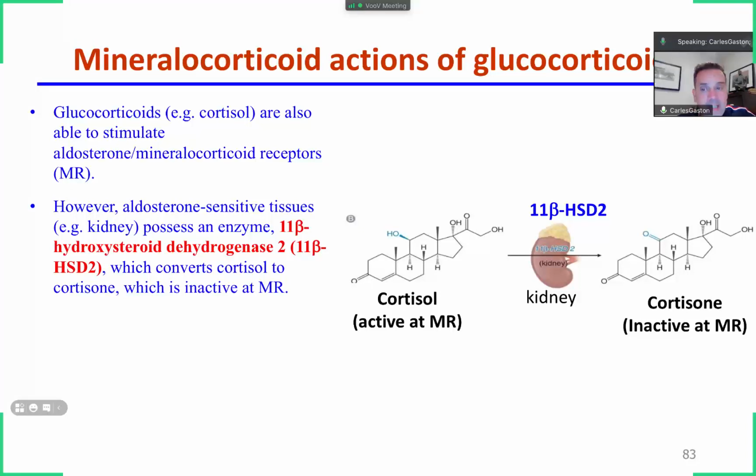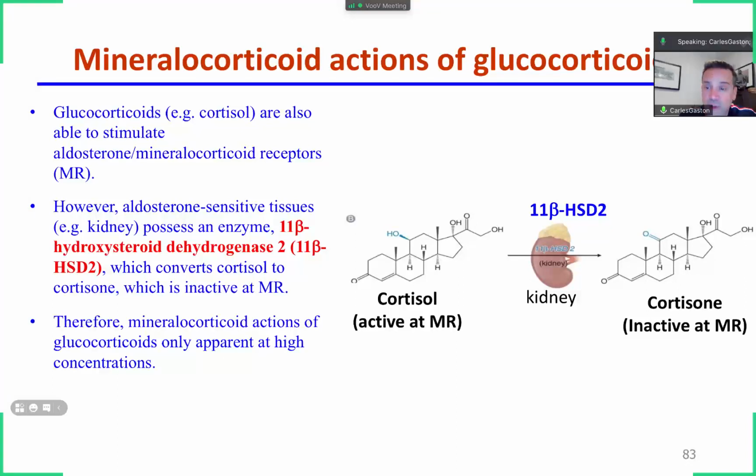And this enzyme converts cortisol into cortisone, which is different. So obviously the cortisone will be inactive to bind the mineralocorticoid receptor. So the kidney transforms cortisol into cortisone, and cortisone will have other effects.